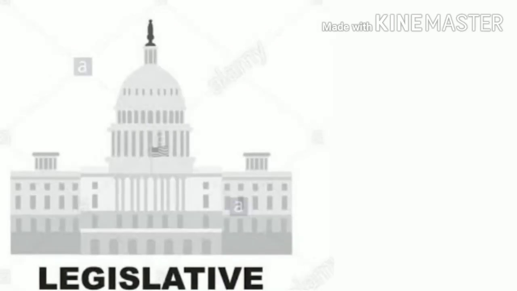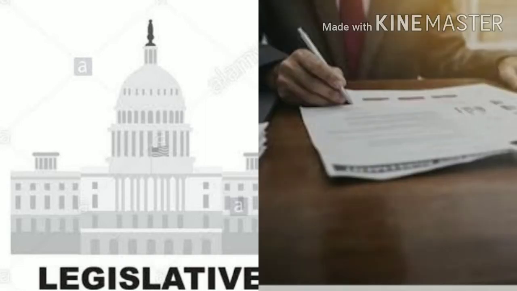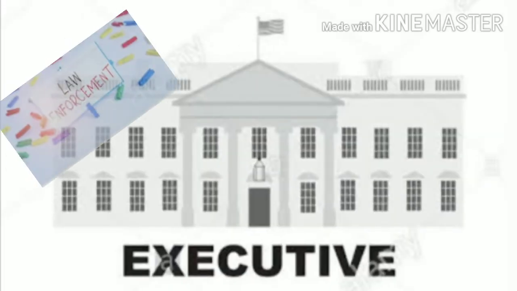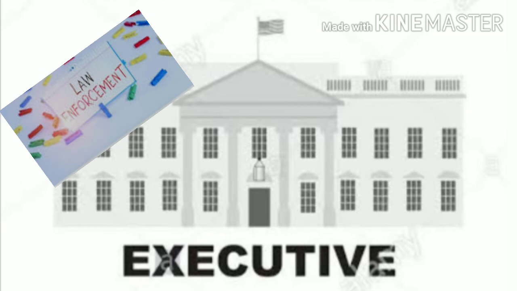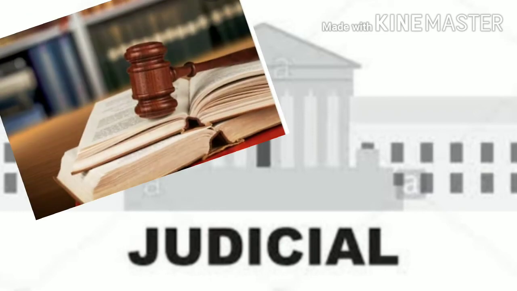Students, first branch is legislature, and their function is to make laws. Second branch is executive, and its function is to implement laws. And the last branch is the judicial branch, and its function is to provide justice.